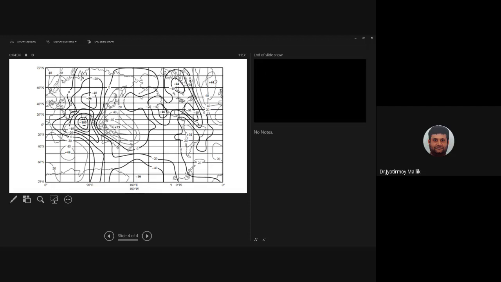This is where it is zero. Zero means that the geoid and the reference ellipsoid are at the same height. Okay, and then you can see there are negative values as well. So that means at those places the geoid is pushed below the international reference ellipsoid. Okay.